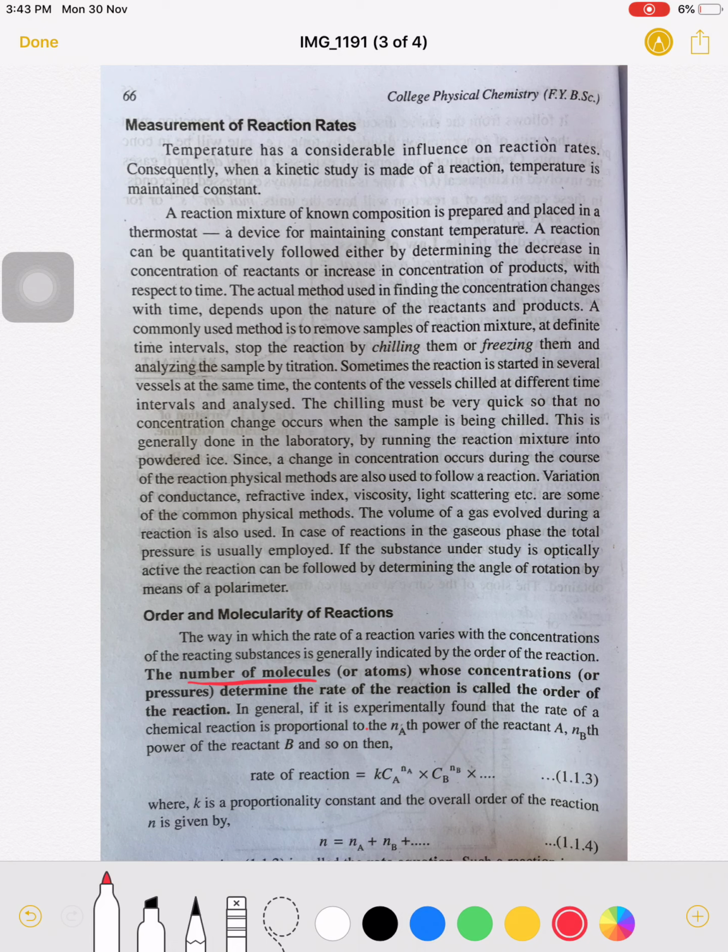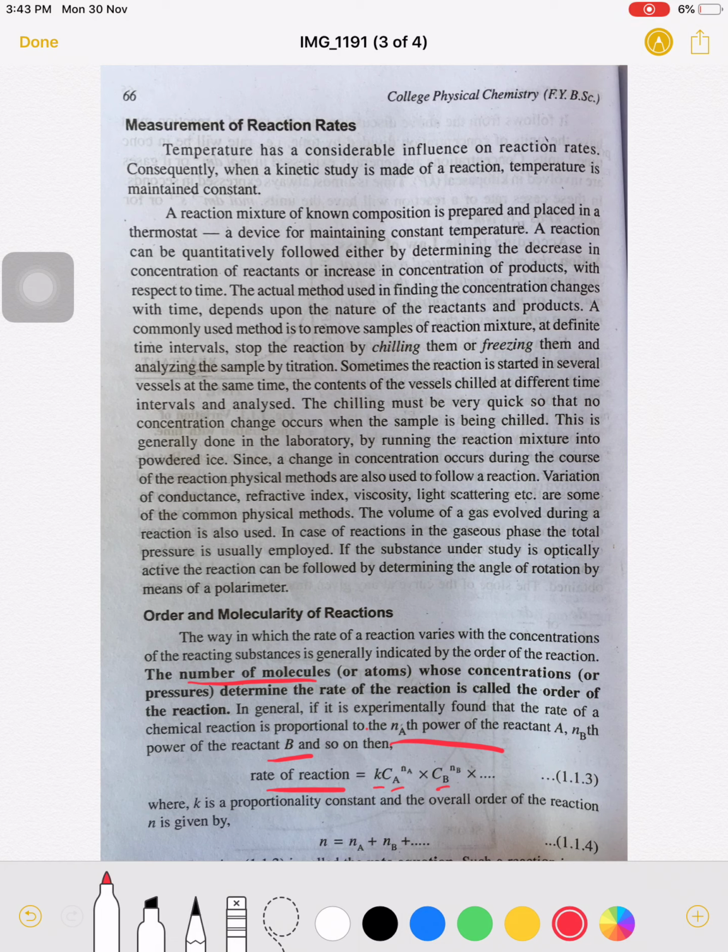So in general, if it is experimentally found that the rate of a chemical reaction is proportional to the nth power of reactant A and the nth power of reactant B and so on, then the rate of reaction is equal to K into the concentration of A raised to the nth power, into the concentration of B raised to the nth power.